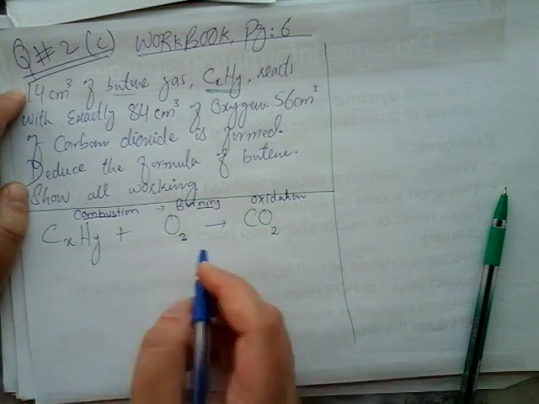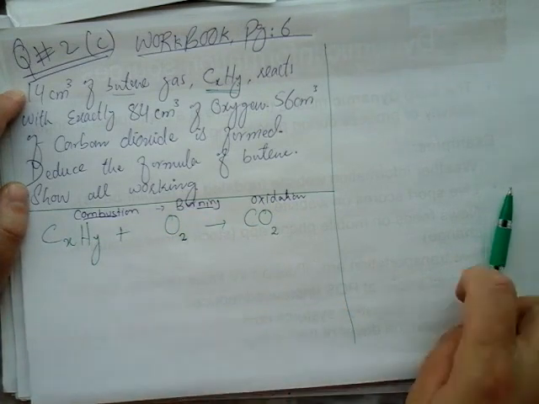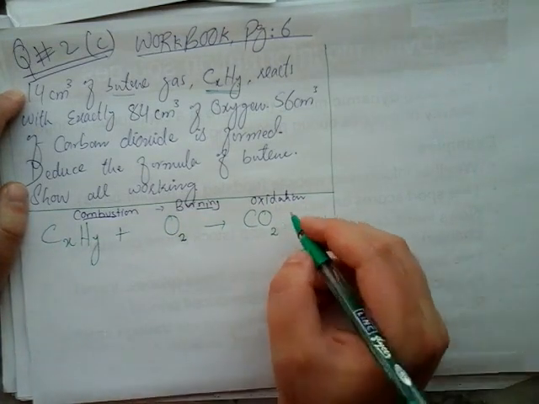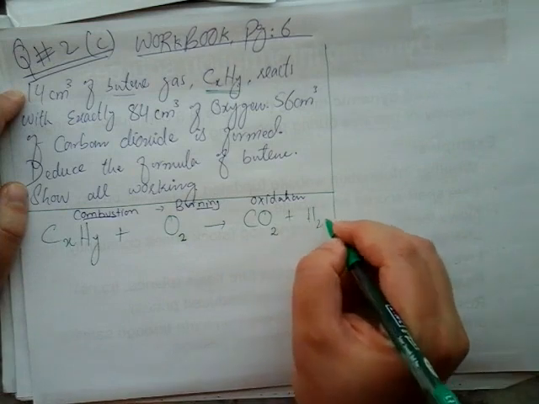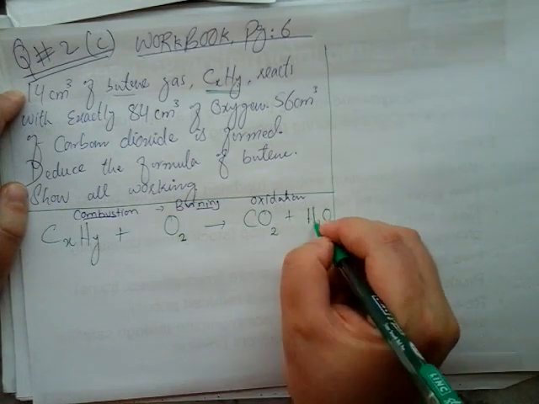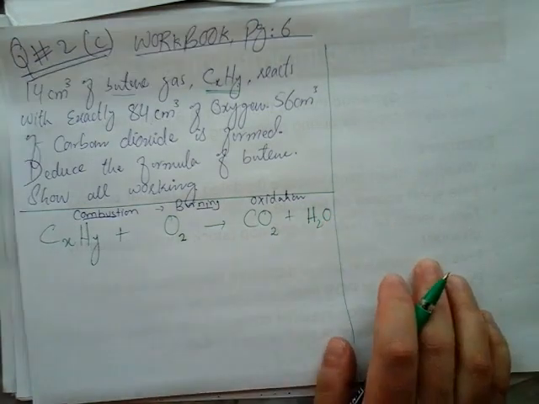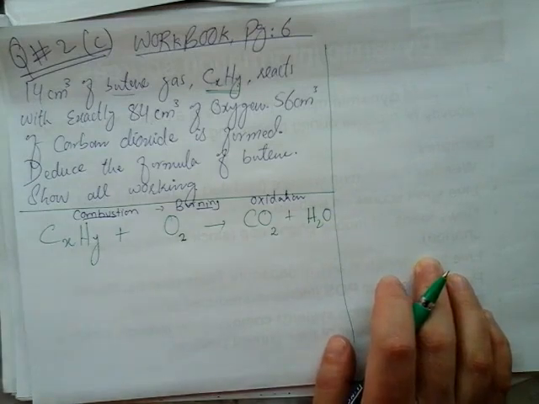Okay. So whenever there is a combustion, when we are burning something, water is also formed. So when something is burning, carbon dioxide and water are produced.